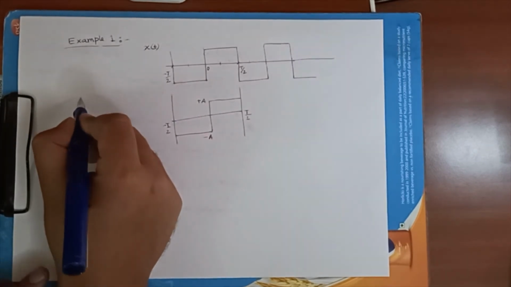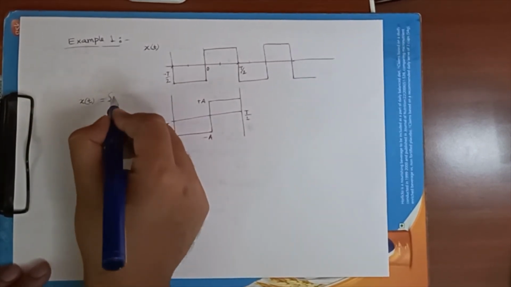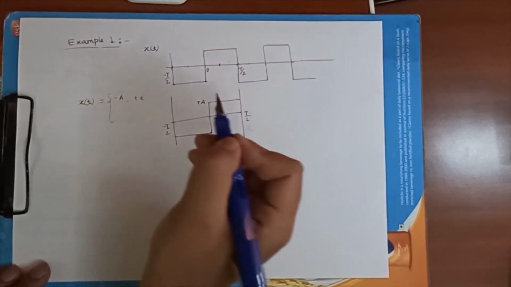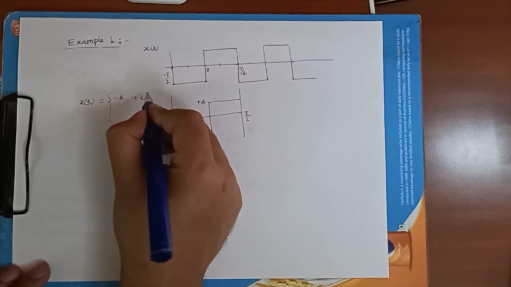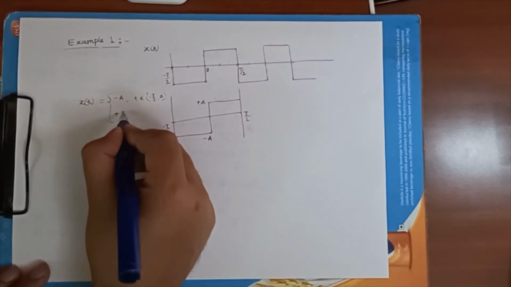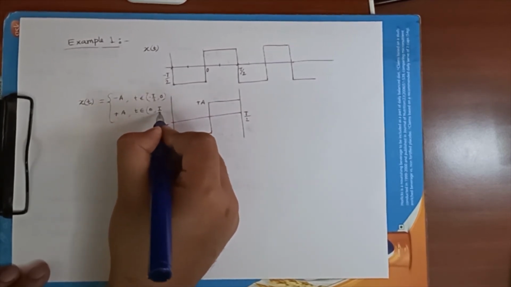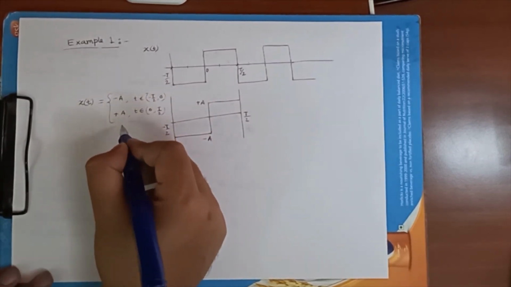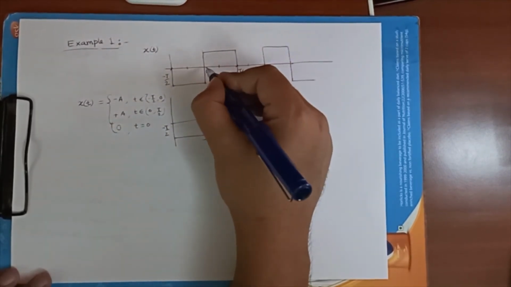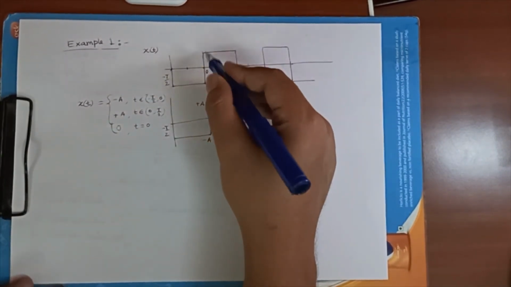So x(t) I am writing as minus A when t is between minus T by 2 and 0, and plus A when t is between 0 and plus T by 2, and 0 at t equal to 0. I am assuming the value to be 0 there, so it is crossing with an infinite slope.